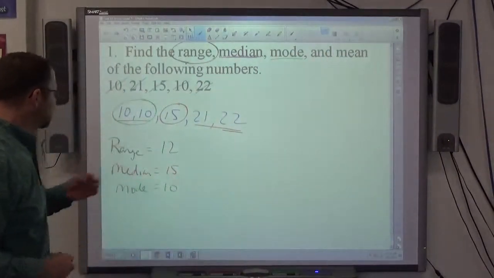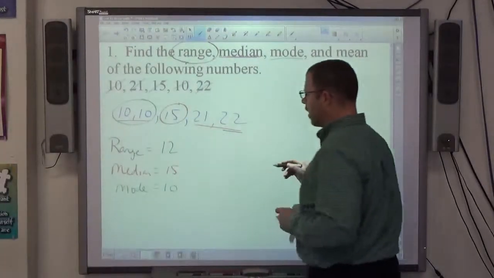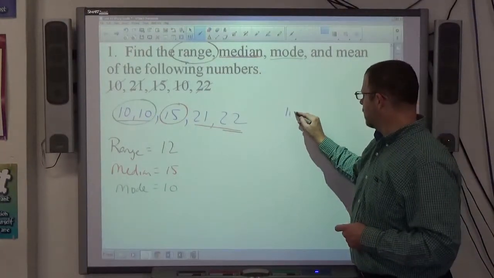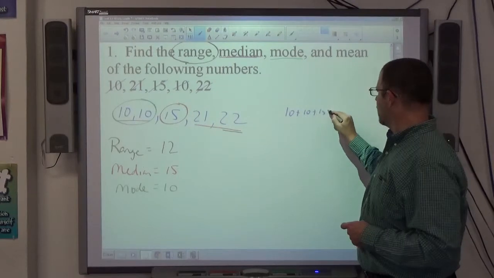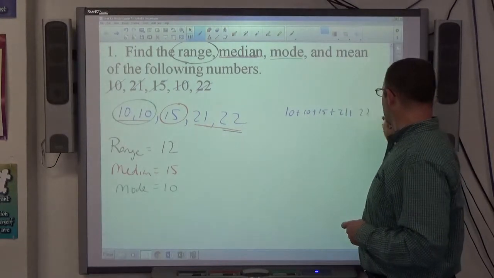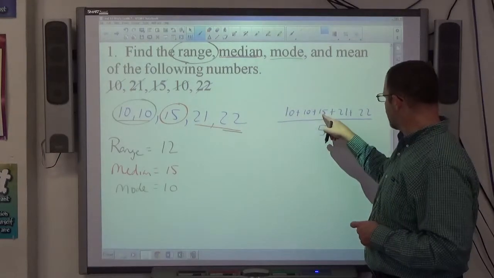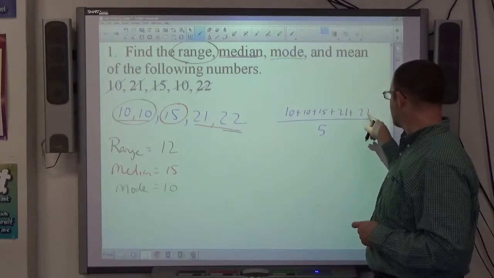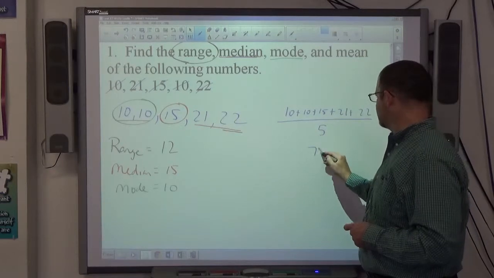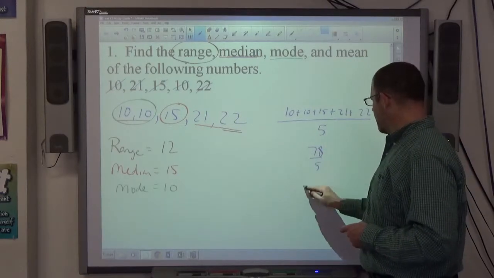And as far as mean's concerned, we have to add them up and divide. So if I add 10 plus 10 plus 15 plus 21 plus 22, there's 5 numbers altogether, so we divide by 5. That's 35, 36, 56, 58, 78. Then we divide 78 by 5.